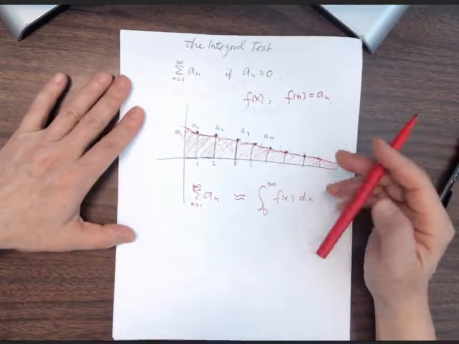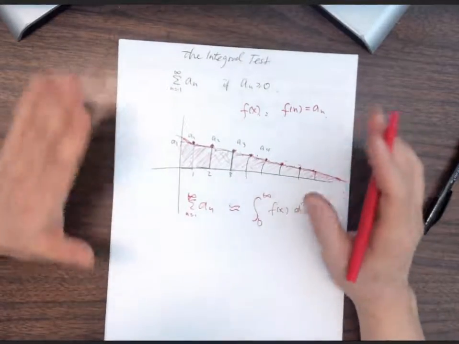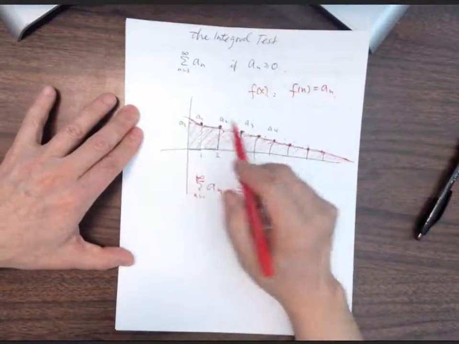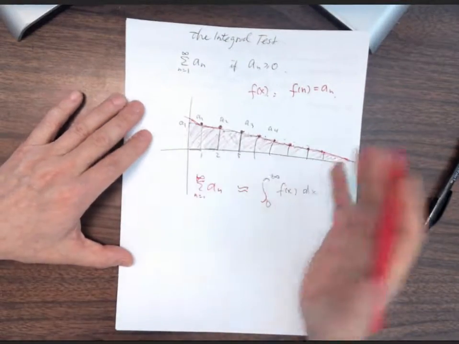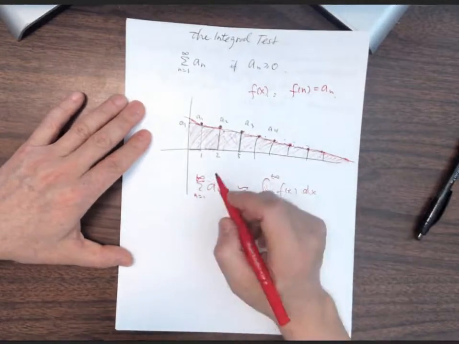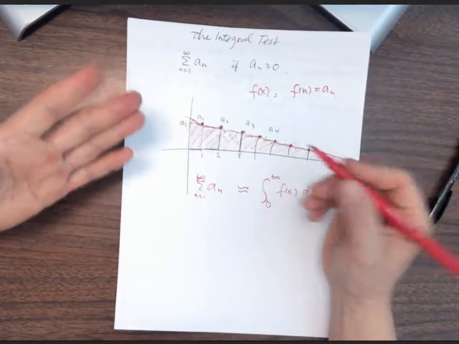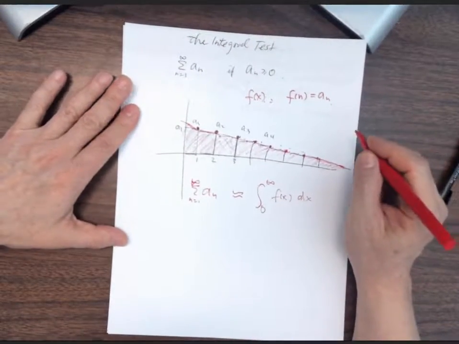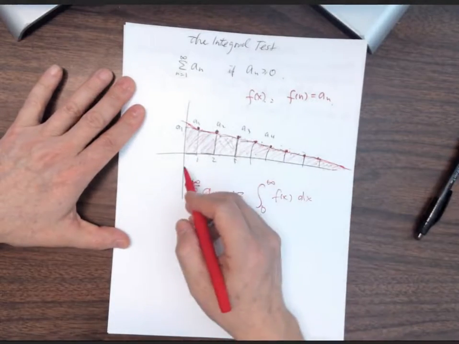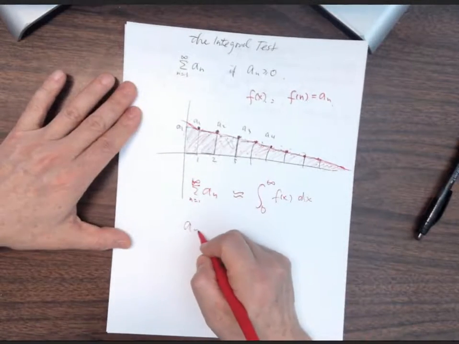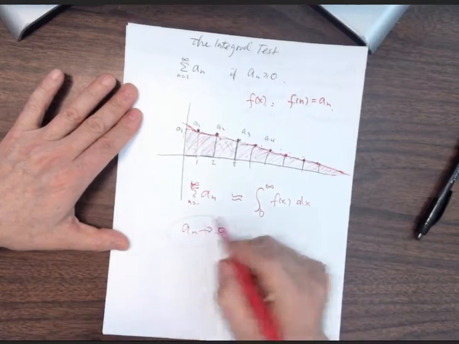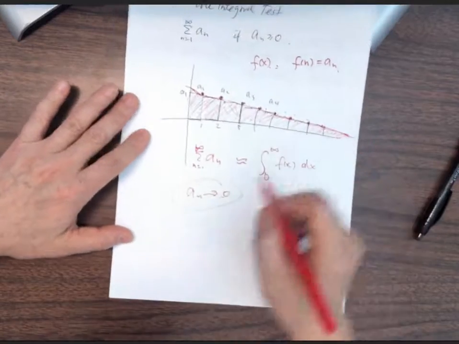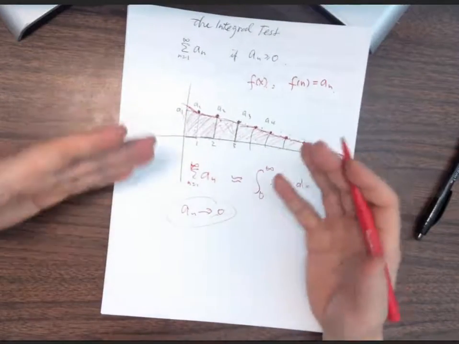Because of this, we can prove under some conditions, which are pretty simple. For example, a sub n decreases. If a sub n is not decreasing, the series will diverge, not approaching zero. And a sub n approaching zero is necessary anyway. So there are some conditions which we require just to make the proof simple.